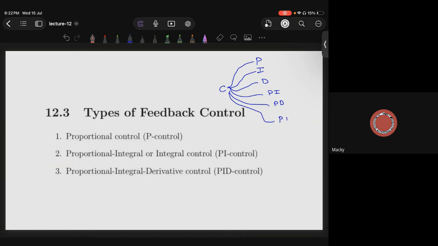All put together, PID. If you start learning these controllers one by one, instead of going directly to PI or PD, and learn these 3 basic controllers properly, the rest will be easy.